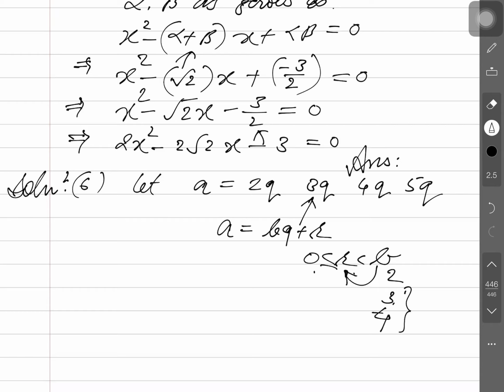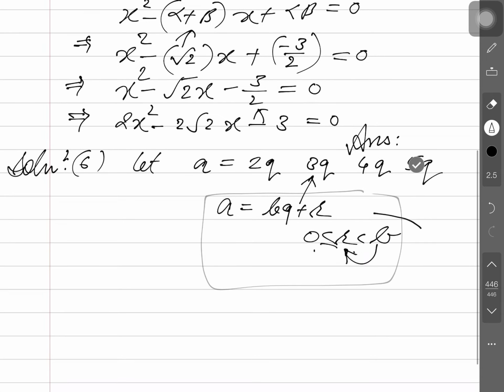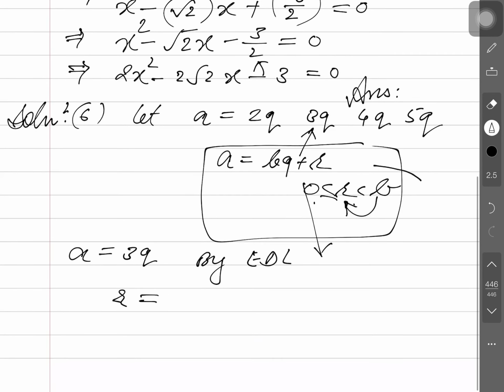Clear? So this is the Euclid division lemma. According to the lemma, therefore a is equal to 3q. So here you write by Euclid division lemma. What will be the value of r? 0, 1 and 2.